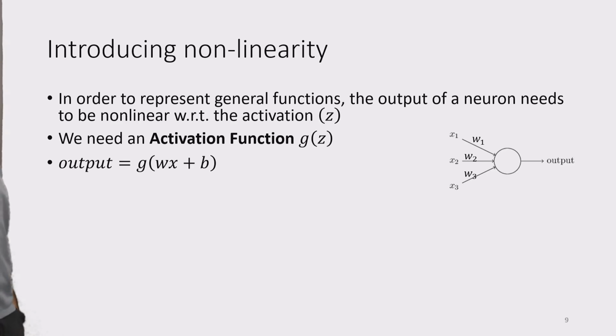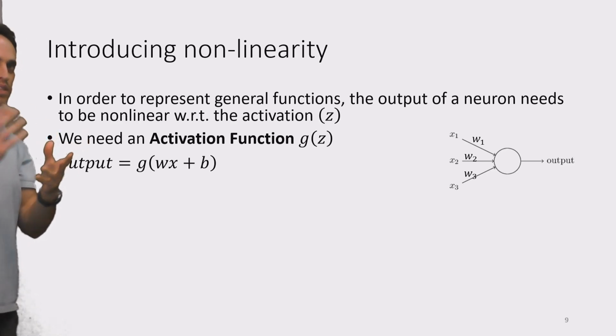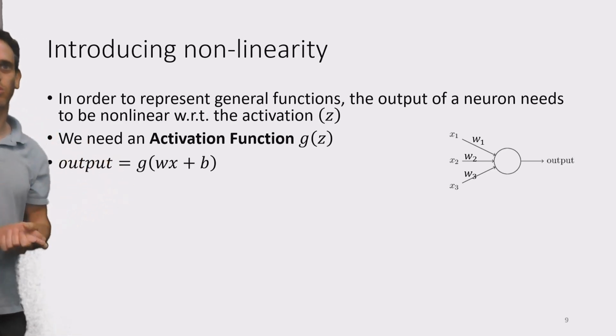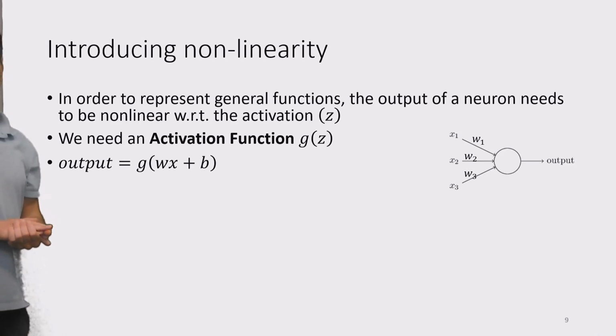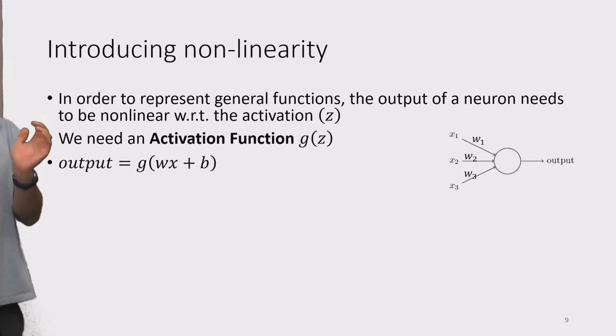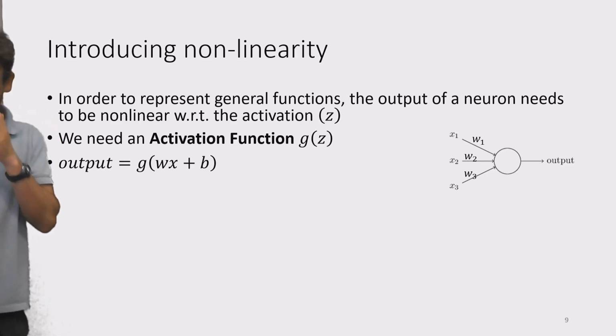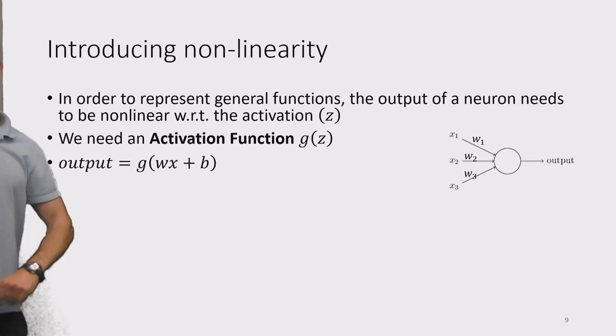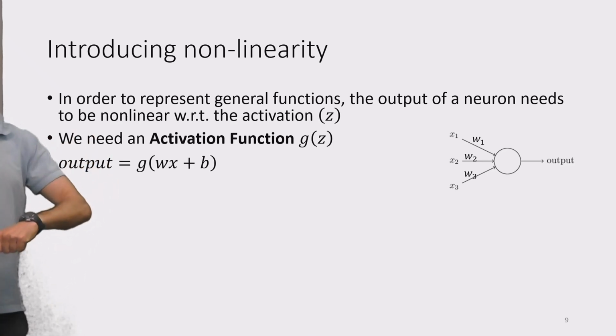Let's call them G of Z, and they are affiliated with each one of our neurons, the perceptrons that we are combining together in a large network. So now the output in each neuron will be G of Wx plus b, of the linear combination. We add some nonlinearity on top of the linear combination.